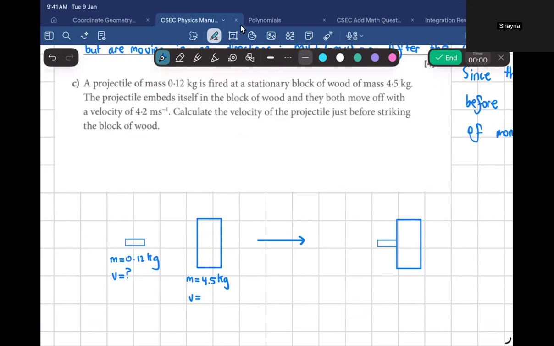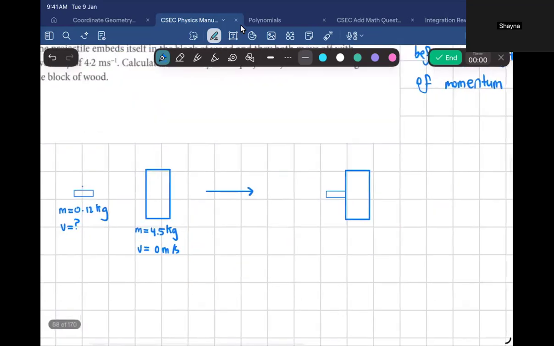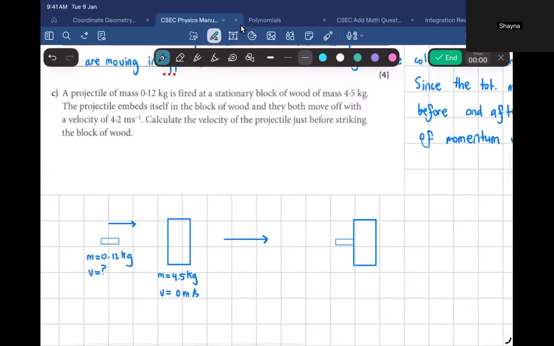The block, 0 meters per second because it's at rest. And this projectile, we could both agree that it's moving in this direction. And the reason for that is because at the end, they said it moved off at a velocity of 4.2. If it's positive, what does the standard say? Does it move to the left or to the right?